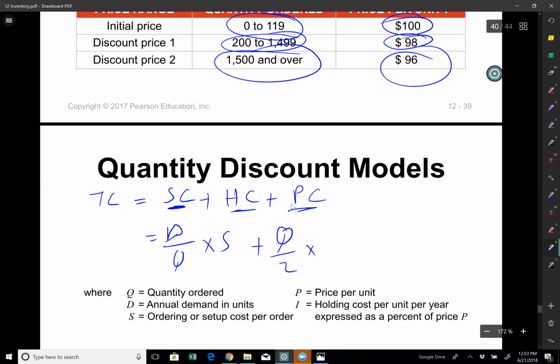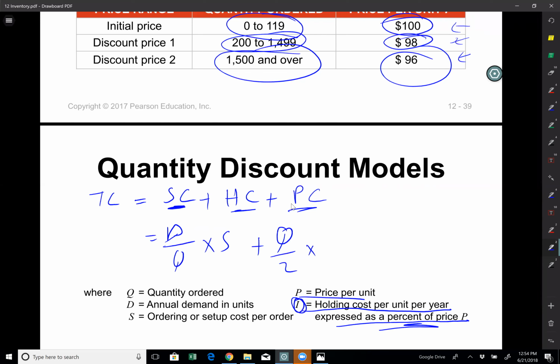But if I don't know the H, and if I know instead the holding cost per unit per year expressed as a percentage of price, I, and P, the reason is that I need to have the holding cost rate in terms of price, because I have different price rates here, as you see, so my holding cost rate, H, will change based on the price, obviously. That's why I will replace my H here with I times P, all right?